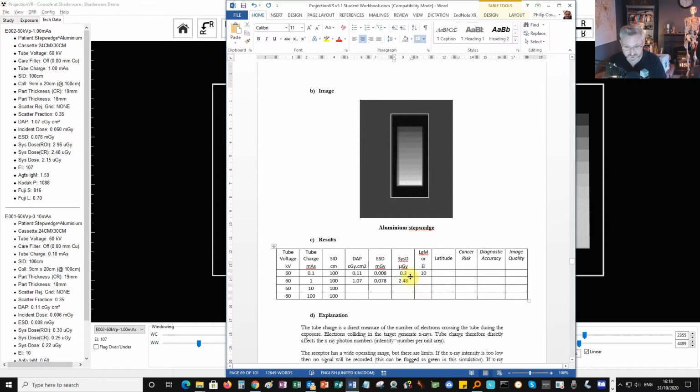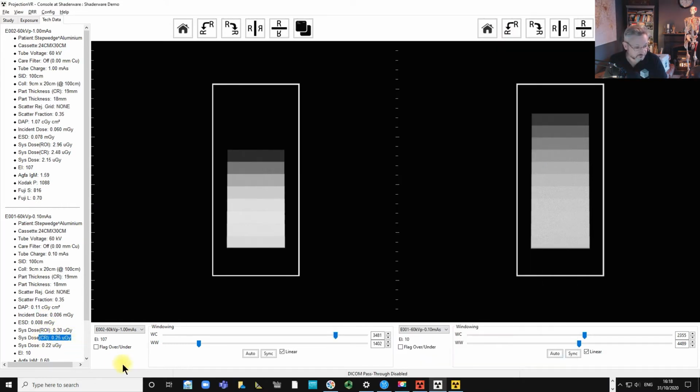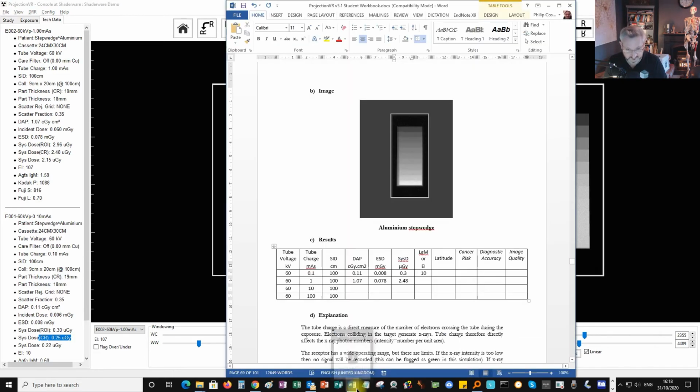Again, 10 times, just a bit more. The system dose CR was 25, so I knew there was something slightly wrong there. So the system dose was actually 0.25 there because I'm using the CR one. And the LGM has gone up to 107, 10 times.